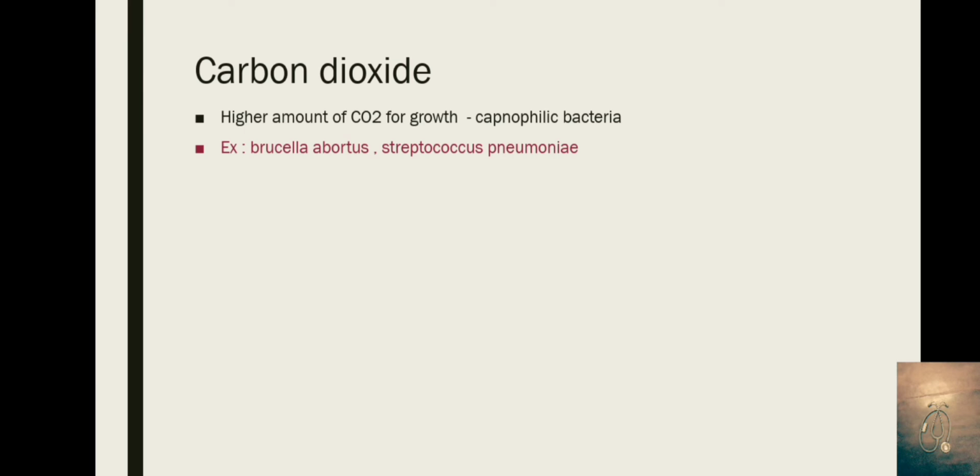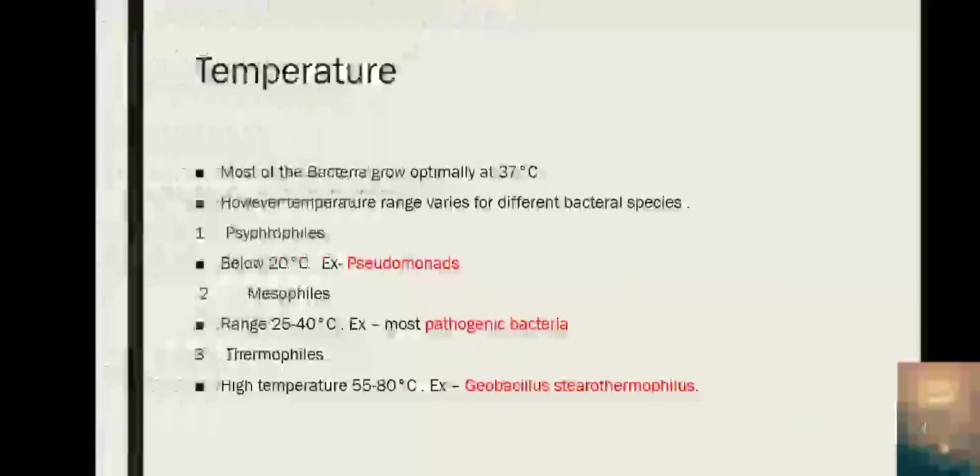And carbon dioxide, the next factor. Bacteria that use a higher amount of carbon dioxide for growth are called capnophilic bacteria. For example, Brucella abortus, Streptococcus pneumoniae. And coming to temperature, most bacteria grow optimally at 30 degrees Celsius, but it differs for bacterial species. Psychrophiles can only grow below 20 degrees Celsius.